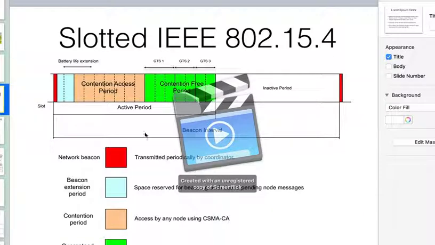This is on this part, I mean CAP, or contention access period.